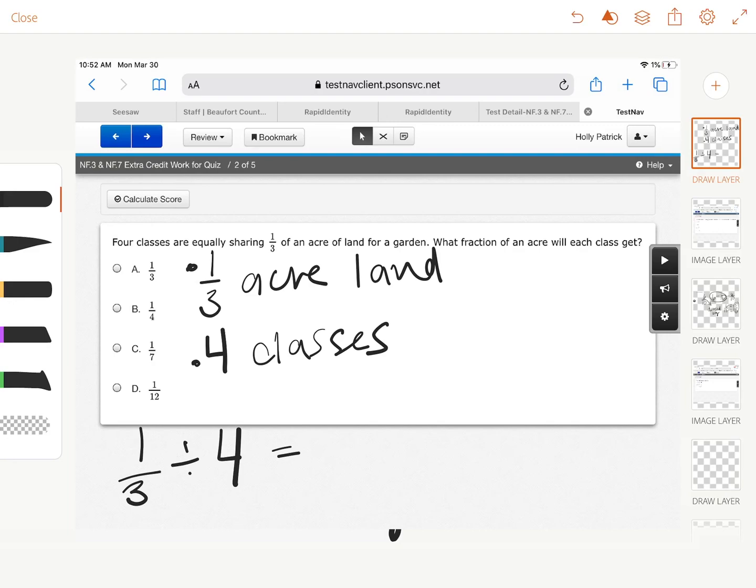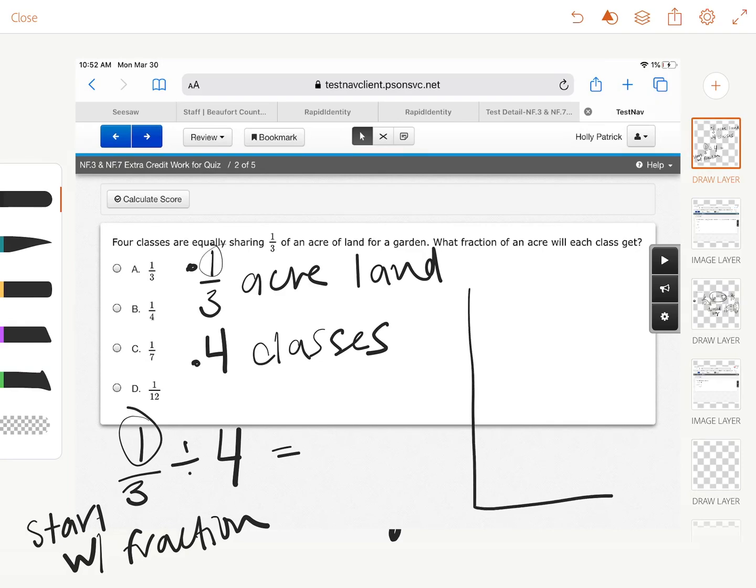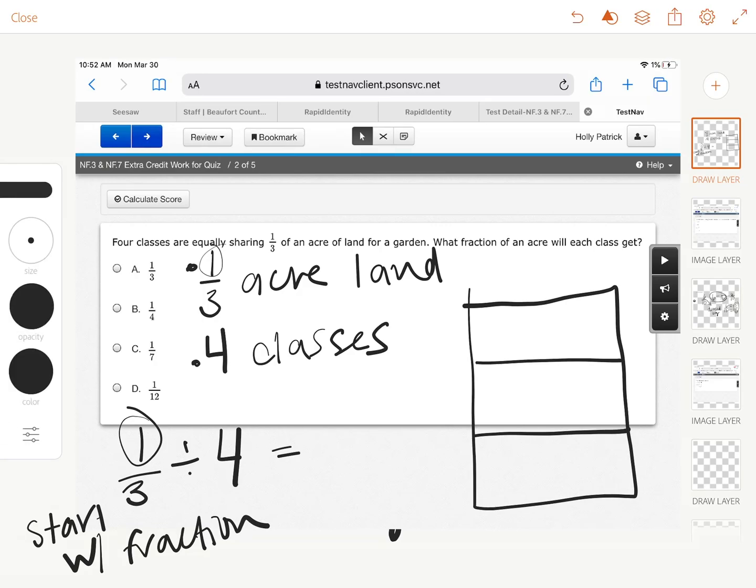Okay, remember, if you start with a fraction, you're actually going to end with a fraction. And remember, these are unit fractions because the numerator is a 1. So start with a unit fraction, end with a unit fraction. Okay, so let me come over here, draw my model. Okay, here's my acre of land, and they actually don't have a full acre.